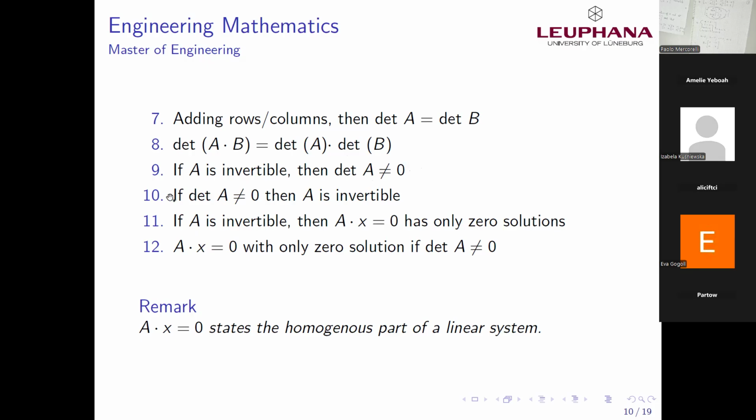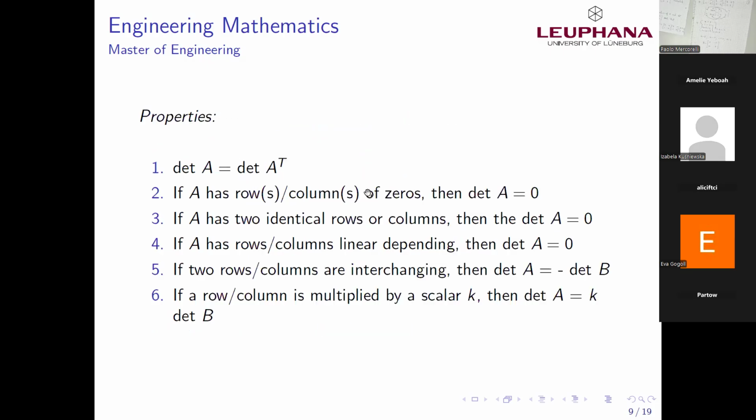Because if you look at property 10, if the determinant is not 0, then it's invertible. This means 9 and 10 can be considered together as an if and only if. If it's not 0, this is invertible. If it's invertible, then it's not 0.